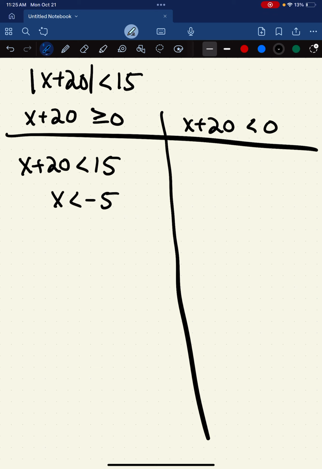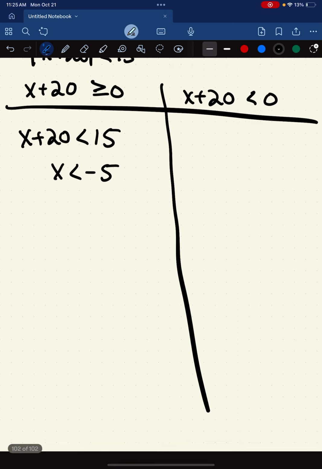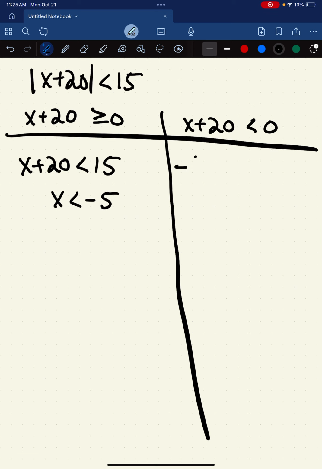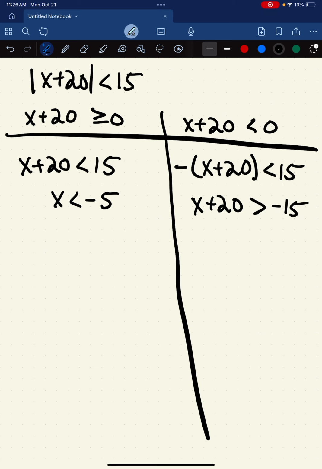Now, if x plus 20 is less than 0, then we're going to have to change the sign. It's less than 15. So we need to multiply by a negative and get negative x minus 20. Now we have to flip the sign because we multiplied by the negative. And then subtract negative 35.